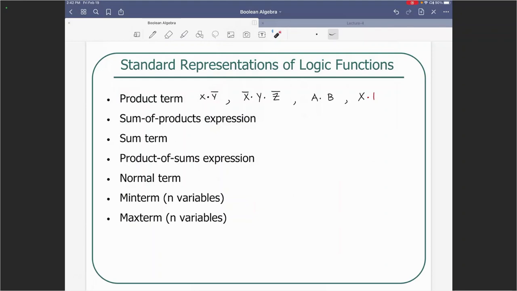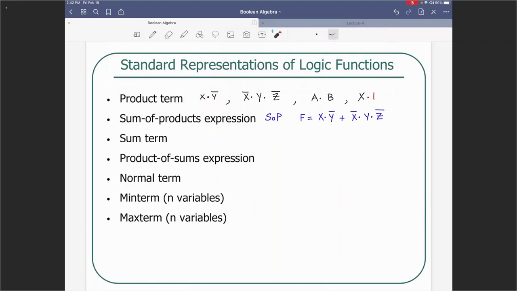Now, what about the sum of products expression, which is your SOP expression? There, you are taking a bunch of product terms and summing them, which means we are ORing them. For example, you could have X and Y complement, or X and X complement, or Y, or Z complement. That's a sum of products expression.